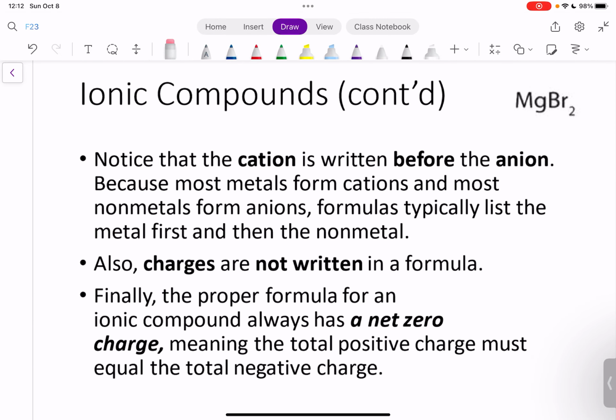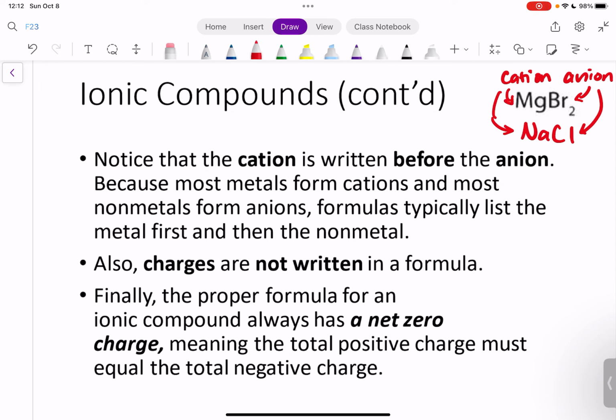All right, another thing you'll notice, besides the charges being not written in the formula, is that we always put the cation first, right? The positive ion, our cation, and then we list our anion. So cation, then anion, anytime we name these compounds. You saw that with NaCl as well, right? Na is our cation, and Cl is our anion.